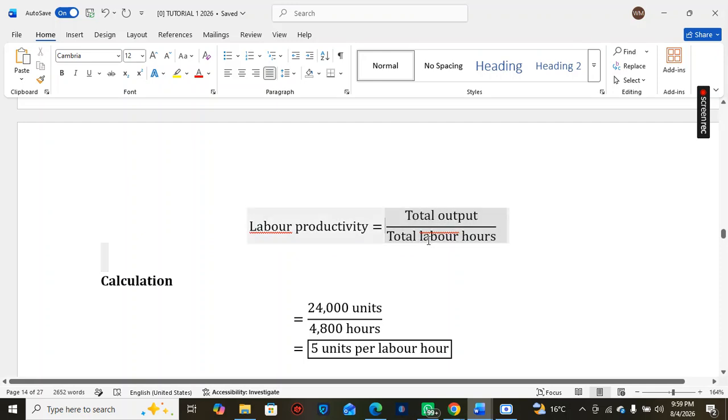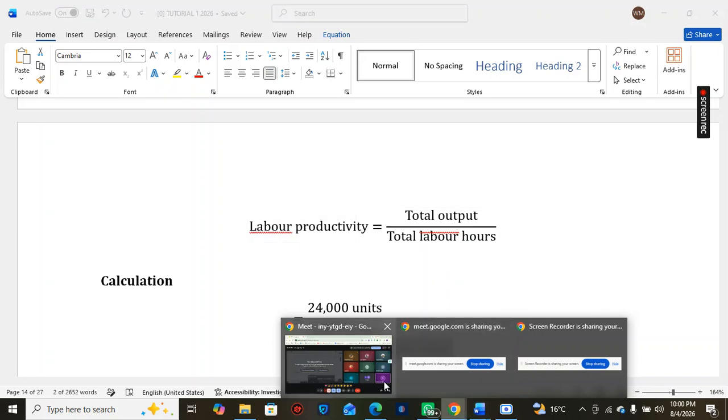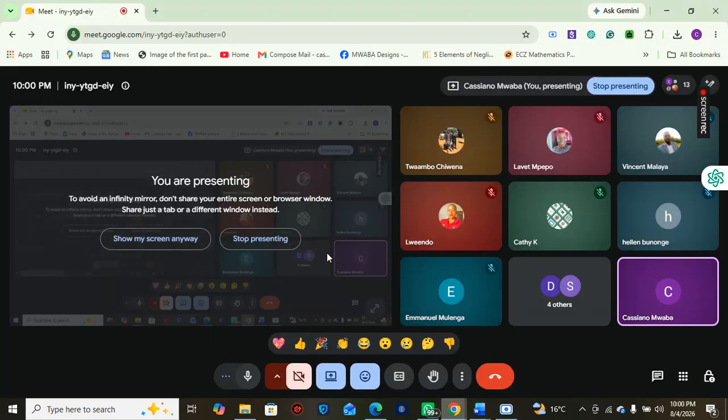With those bonus schemes, the labor hours will be less. Since this is a fraction, if the denominator drops, this ratio is going to increase. If you implement those bonus schemes, you find the total labor hours will be low.